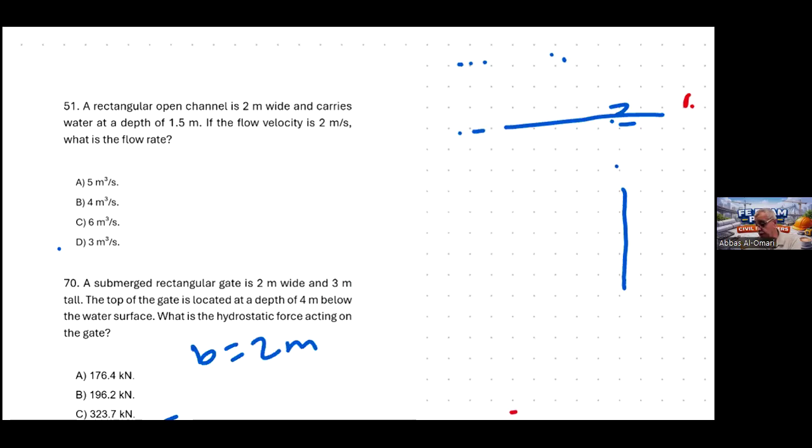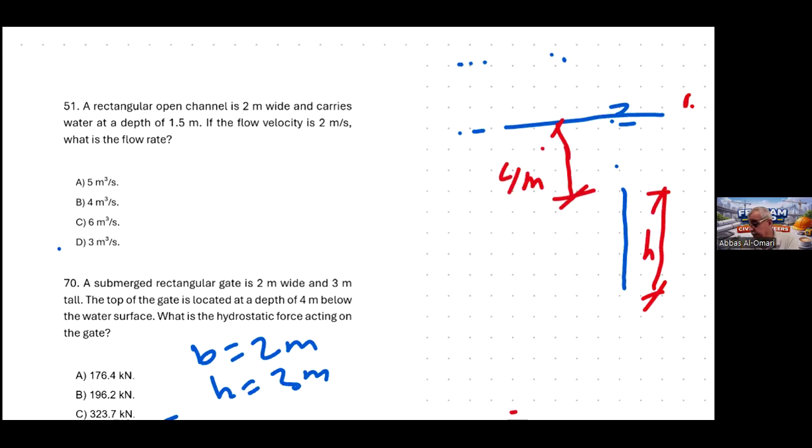H is 3 meters, which is this distance. This is H. H is 3 meters. And we know that the top of the gate is 4 meters from the water surface. So this is 4 meters. And we want to determine the force on the gate.